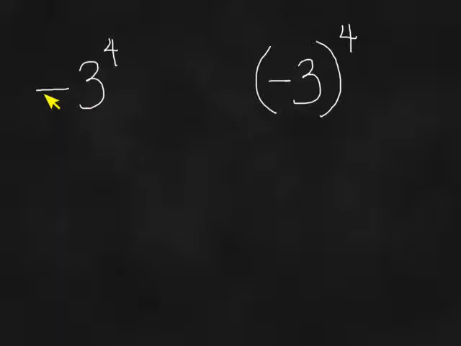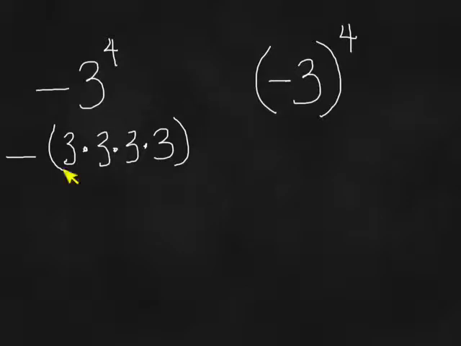Unfortunately, this one says the opposite of 3 to the 4th. So we're going to go ahead and work out 3 to the 4th power and then take the opposite of it. 1, 2, 3, 4 3's written down and multiplied together.